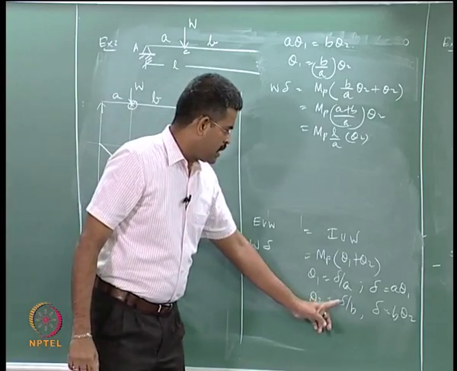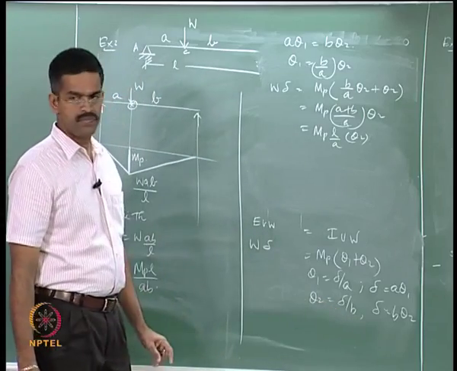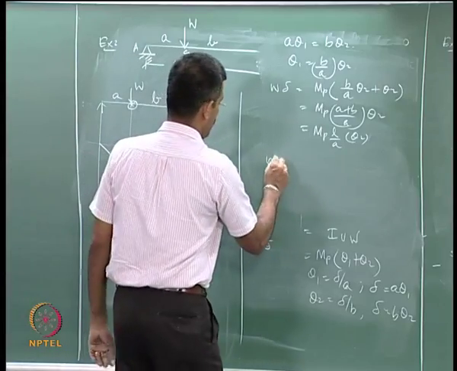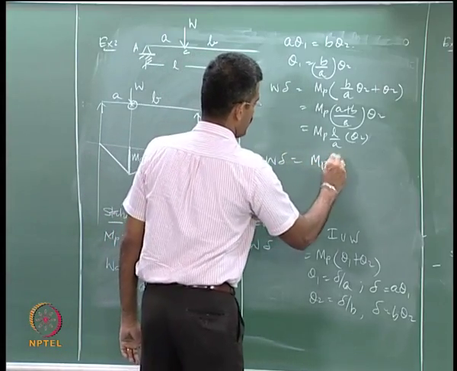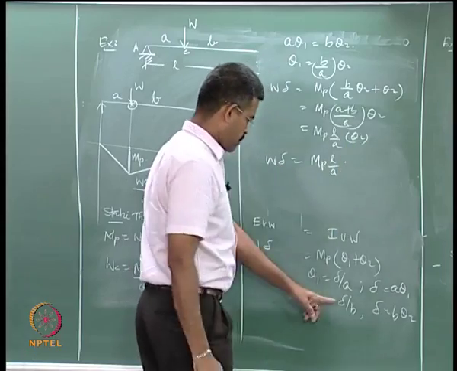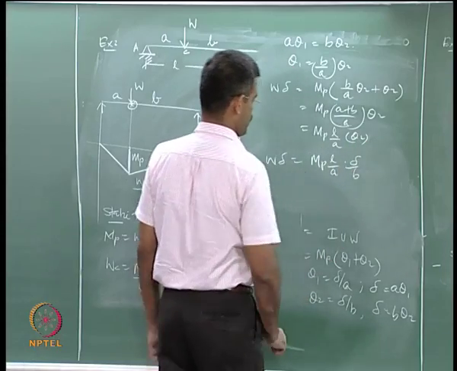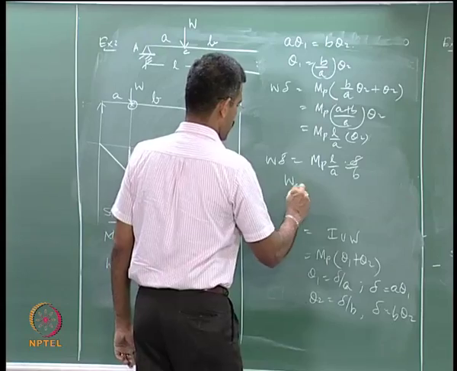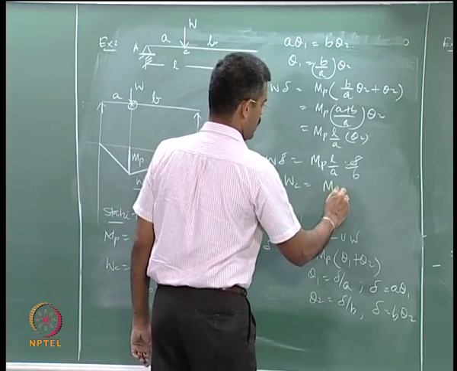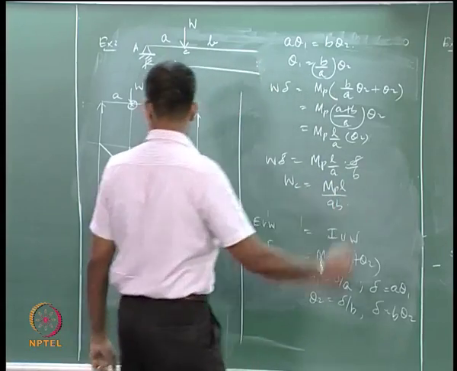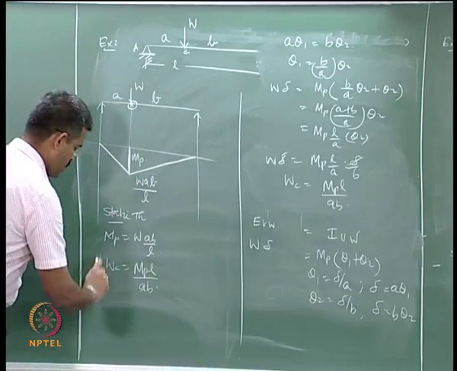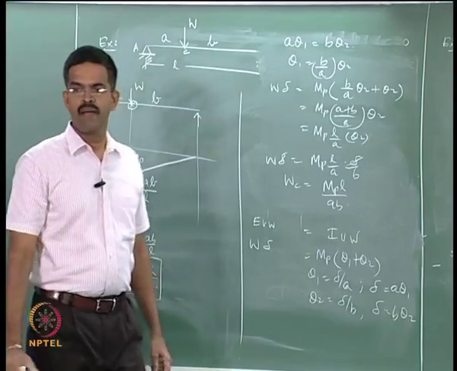Theta 2 can be said as delta by B. Okay. So, W delta is MP L by A, theta 2 is replaced as delta by B. So, delta goes away. So, WC is MP L by AB, which is the same as I have here. Okay.